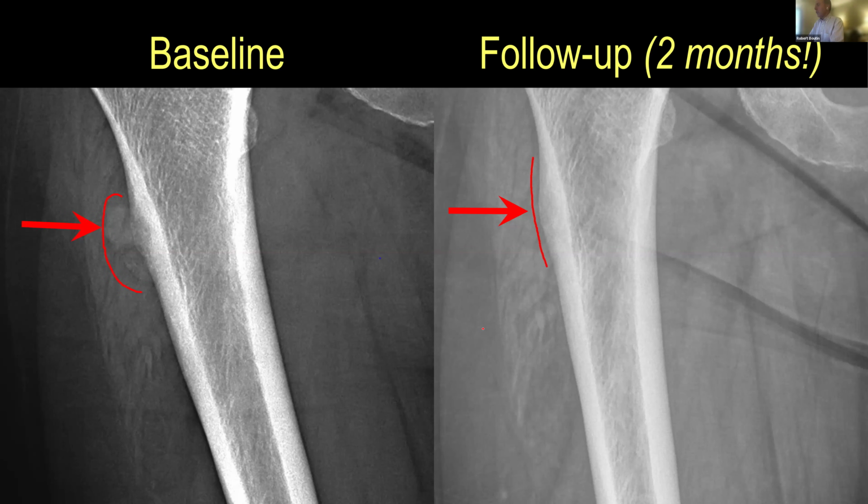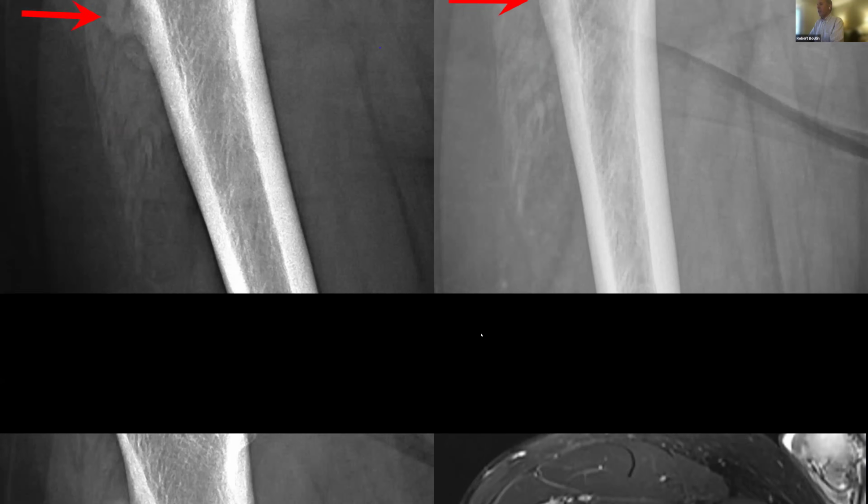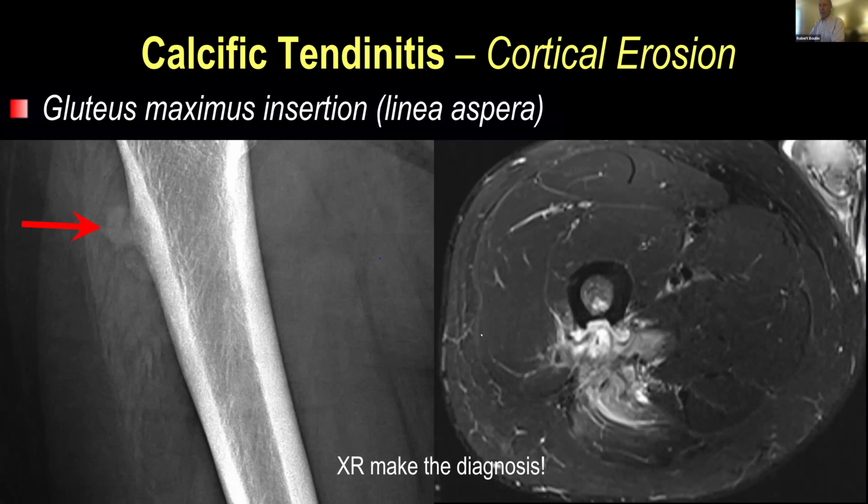So certain things happen in certain places preferentially, and this was simply calcific tendonitis involving the gluteus maximus insertion site, with the linea aspera here being a characteristic location.